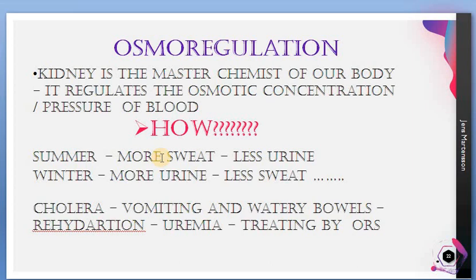Otherwise, if you urinate too much in summer, we may go dehydrated. So naturally the kidney controls micturition. The urine we expel will be relatively thick and yellow in color during summer days. That is to maintain osmoregulation in our body. The kidney reabsorbs more water.